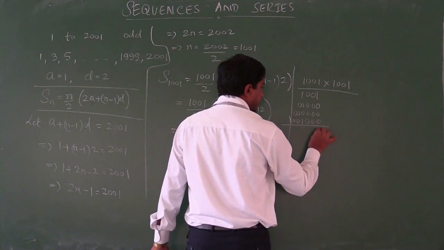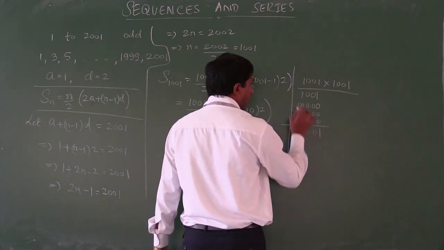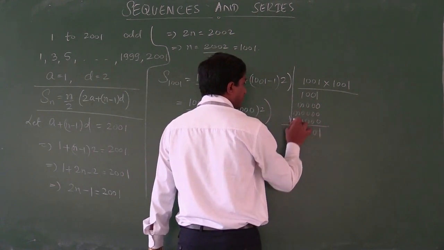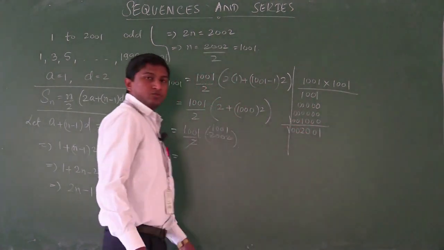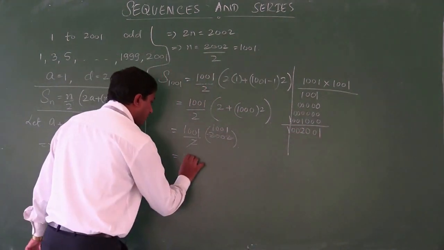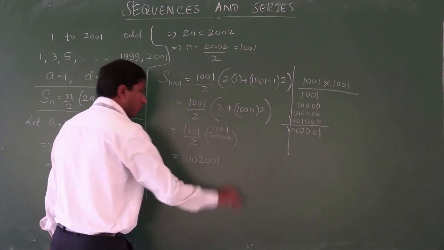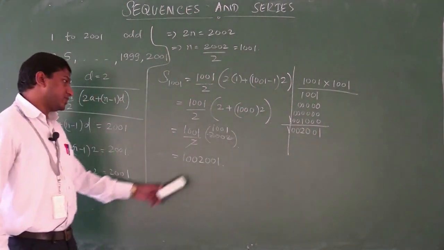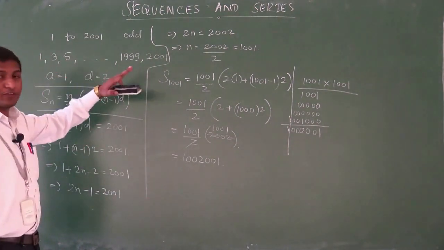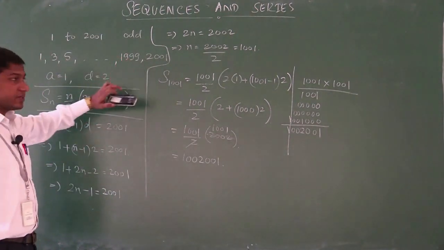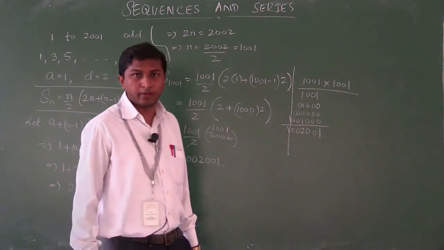Okay, so this is 1 0 0 2 0 0 1. So we get 1002001. Okay, so this is the sum of all the odd numbers from 1 up to 2001.